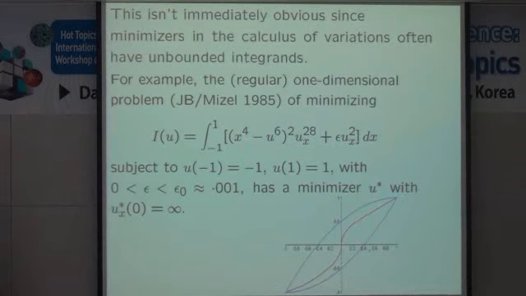Actually, there are examples now in the calculus of variations. Foss constructed an example of a two-dimensional problem where the infimum of the energy in every Sobolev space W1p for any real p bigger than 1 or something is different. So these examples show you that the function space that you are minimizing over is part of the model.